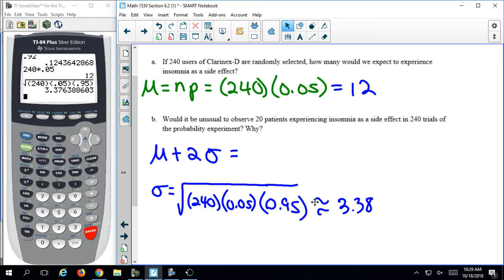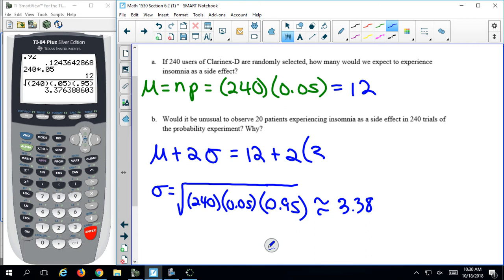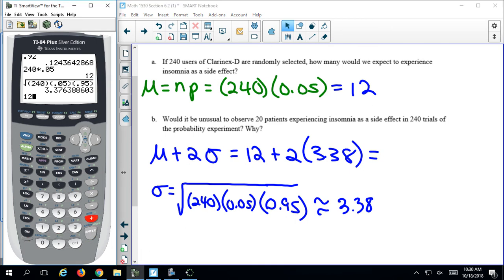Well, what's 2 standard deviations above the mean? That would be an unusual result if we got something 2 standard deviations above the mean. So that would be 12 plus 2 times 3.38. 12 is the mean, that's the expected value, and 3.38 is the standard deviation. So 12 plus 2 times 3.38 is 18.76.